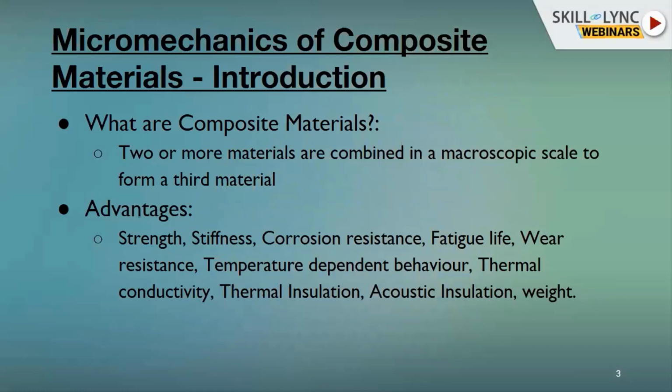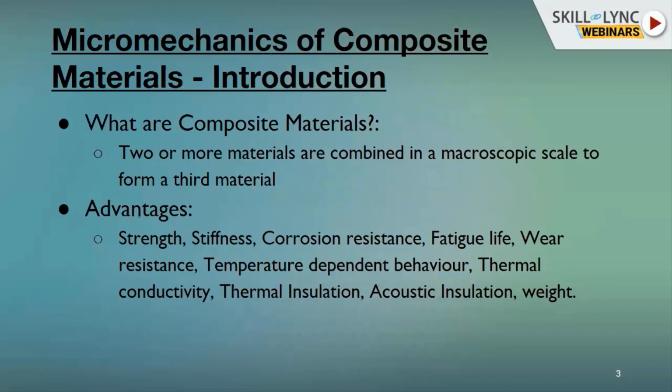Whereas in composite materials we have a combination of two or three materials which are formed to have a homogeneous property, but an anisotropic material property in a macroscopic scale. Such kind of materials we term composite materials.